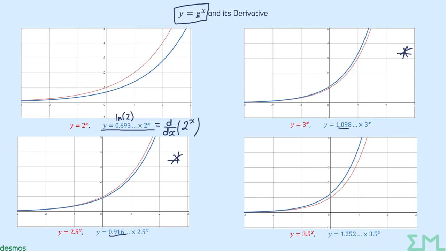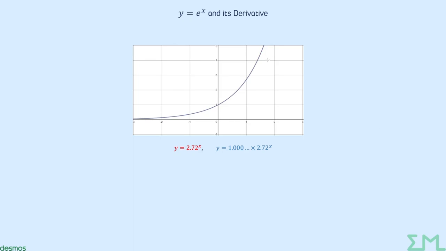So we're going to get rid of those for a moment and show you. Here we go. So I've got 2.72, so that's in between 2.5 and 3. Put that into Desmos, and this is what happened. You can just about see there's a bit of a redness underneath this blue line. That is because they are right on top of each other. And this number that comes out when you do the gradient is very, very close to 1.